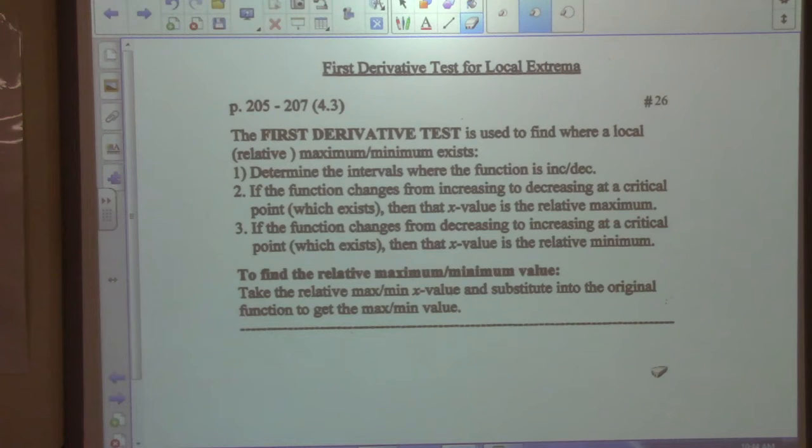Okay, here's the first derivative test used to find where a local or relative maximum or minimum exists. And then what we do, like the last one, is determine the intervals on which the function is increasing or decreasing. If the function changes from increasing to decreasing at a critical point which exists, then that x value is the relative maximum.